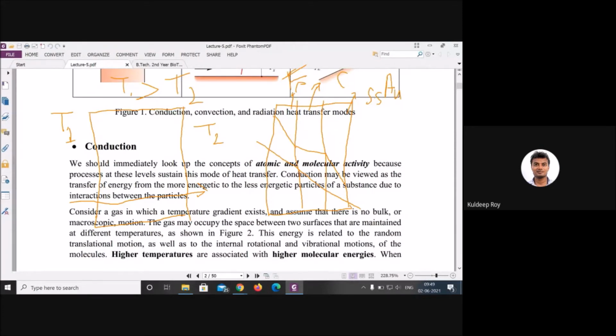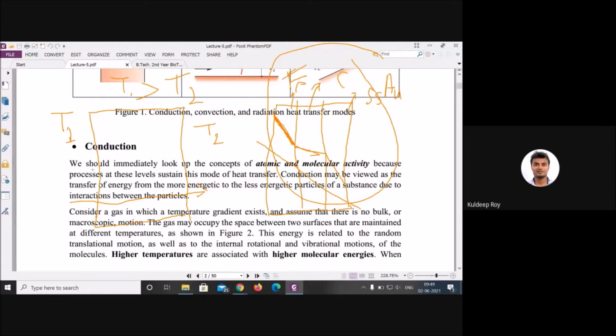The slope will decrease very gradually in this particular region. It will depend on your material length and thickness. So when you are drawing any kind of material, you have to show some kind of deviation. Don't make a straight line. This is what I found in your assignment 4, I think.